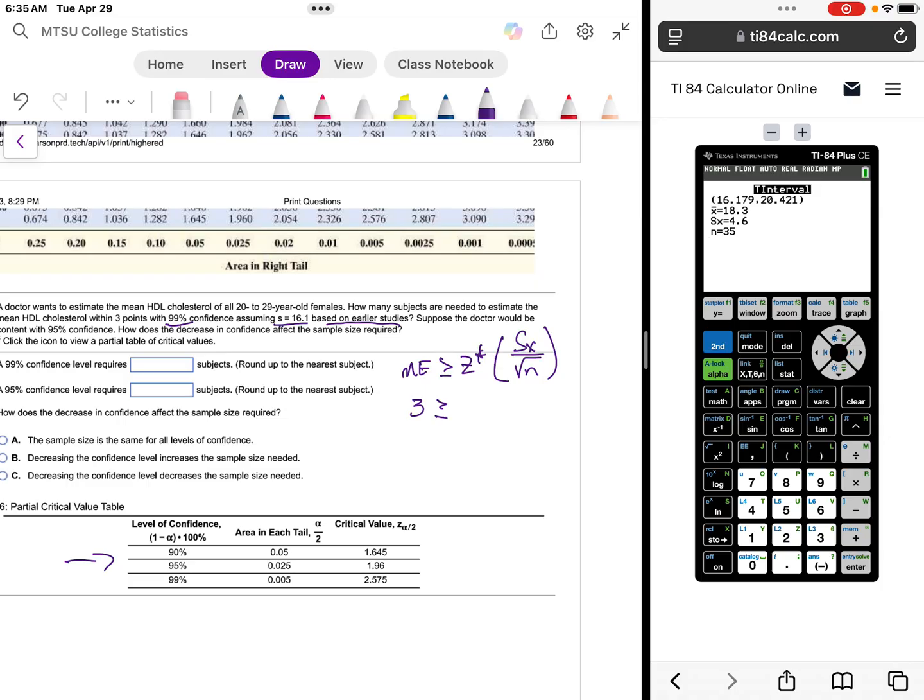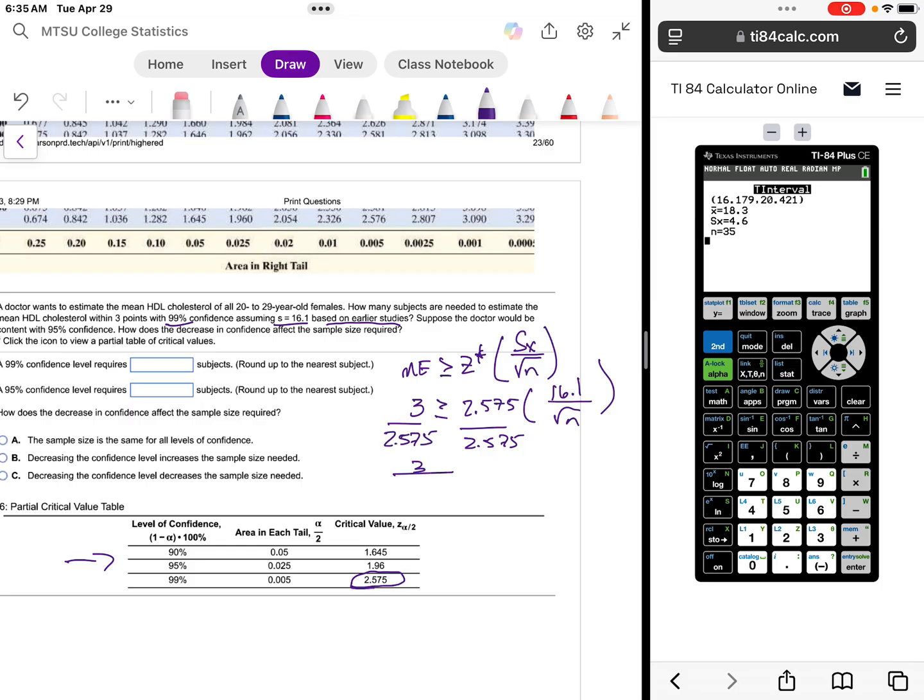And so our Z star is 2.575. 2.575 times 16.1 over square root of n. So again, as we go our inverse operation, divide both sides by 2.575.